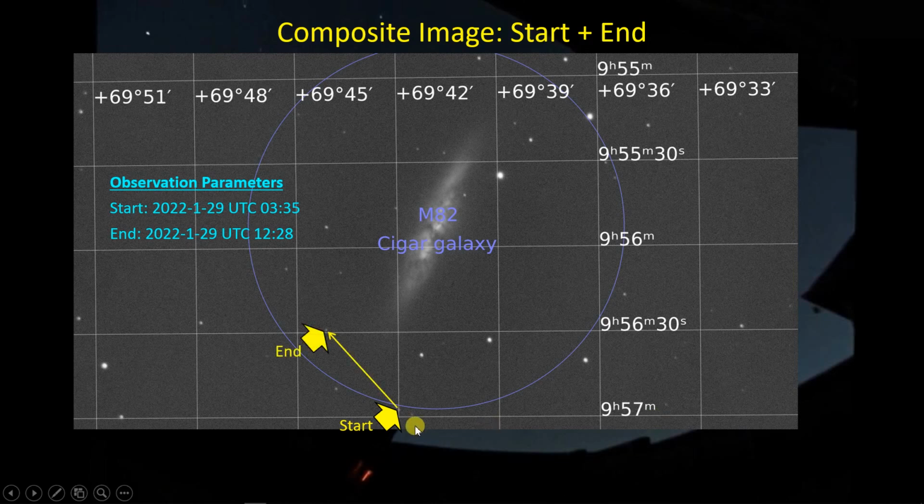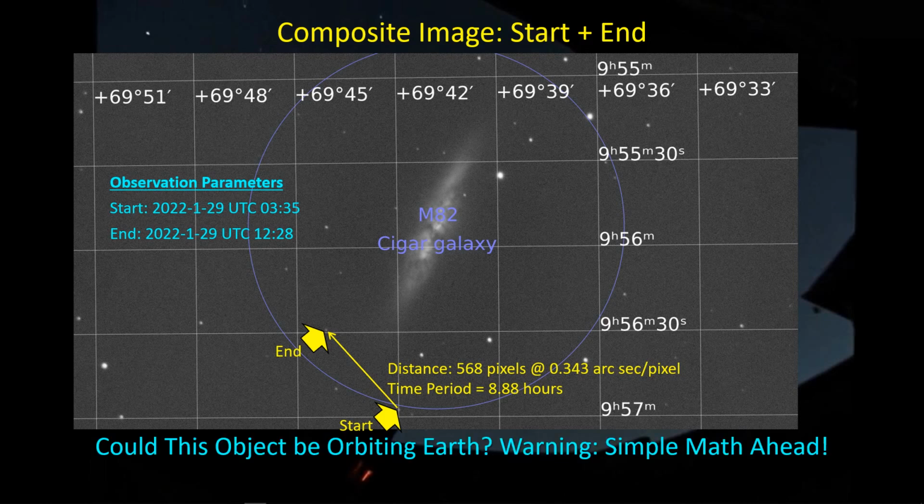And over a period of about 9 hours, it moves from here up to here, which when you do some calculations, you can find is a distance of 568 pixels at an image scale of 0.343 arcseconds per pixel. Now the question that occurs to me is, could this object actually be orbiting the Earth?